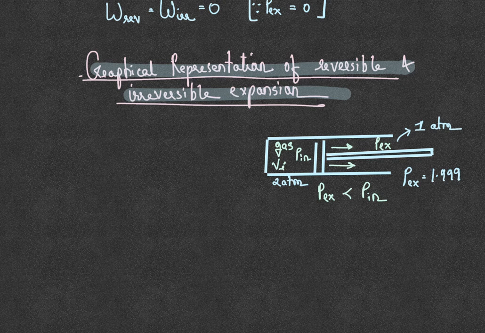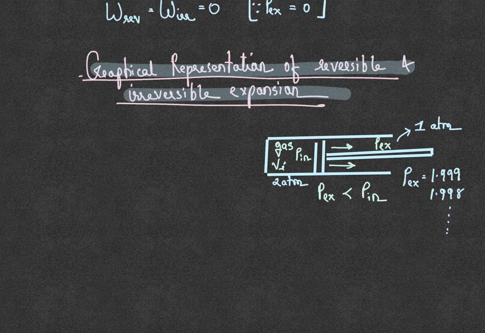Then we change the pressure to 1.998. This is just an example. You keep on decreasing the pressure infinitesimally, which means the decrease is very, very less. So in that case, the process becomes more or less reversible.